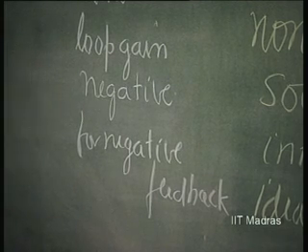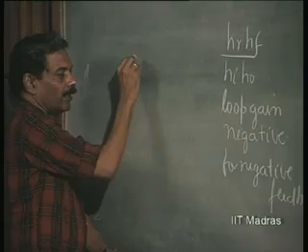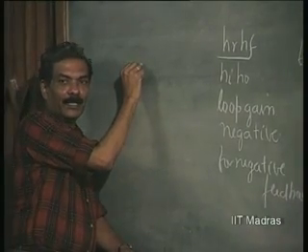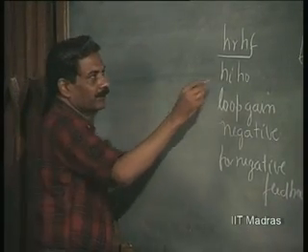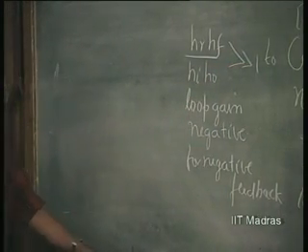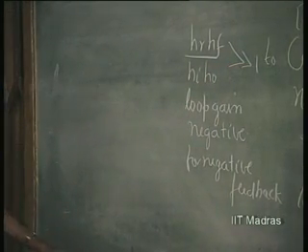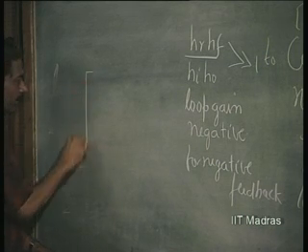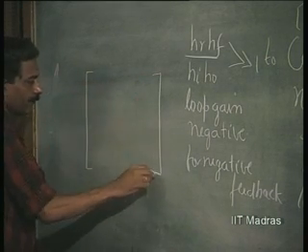Okay. So, if loop gain is very high, much greater than 1 and it is negative feedback, then you will note that all these parameters get modified. Let us see.